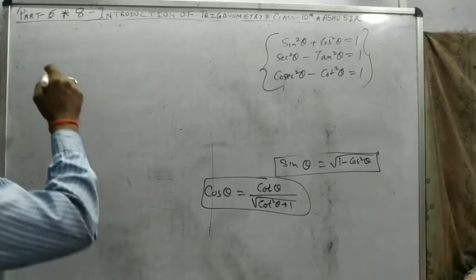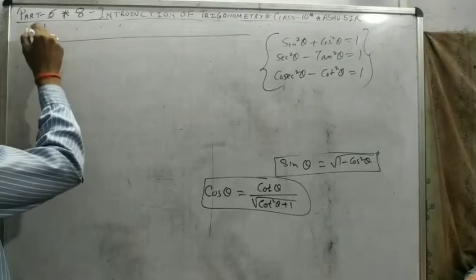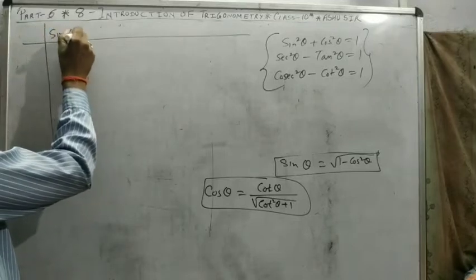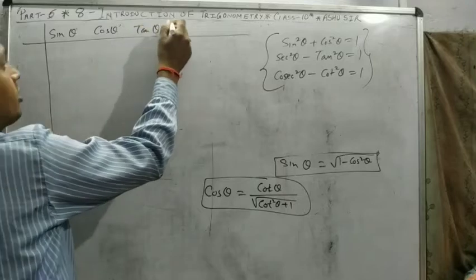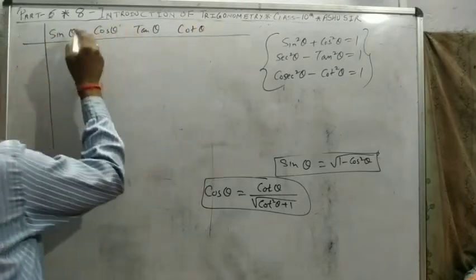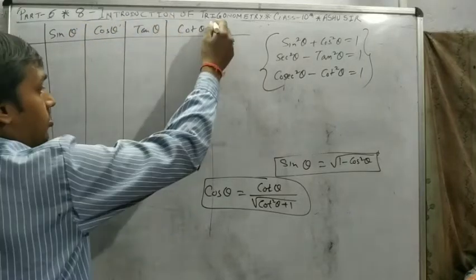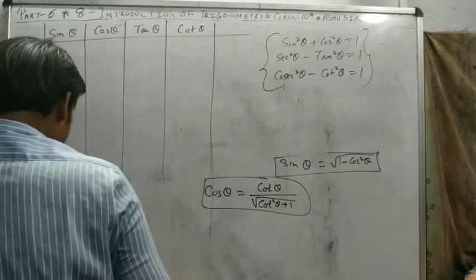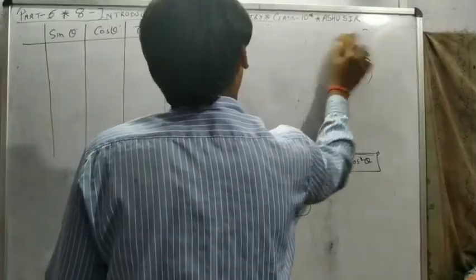So there is a table, the relationship of sin theta, cos theta, tan theta, cot theta. We can have these 3 because we want some space.